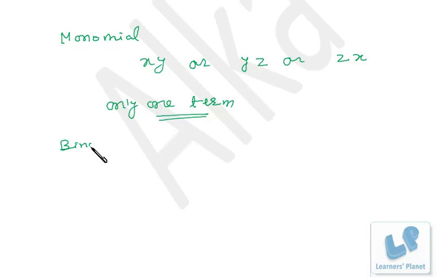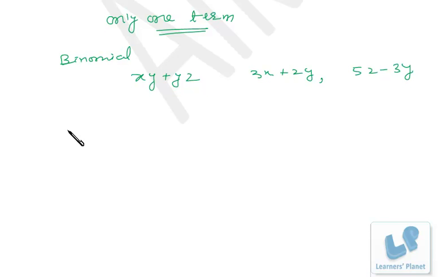Similarly, binomial, that means 2 terms, xy plus yz, or I can say 3x plus 2y, or I can say 5z minus 3y, right? So we have 2 terms in each expression. So all of them are binomials. Similarly, we have trinomials.